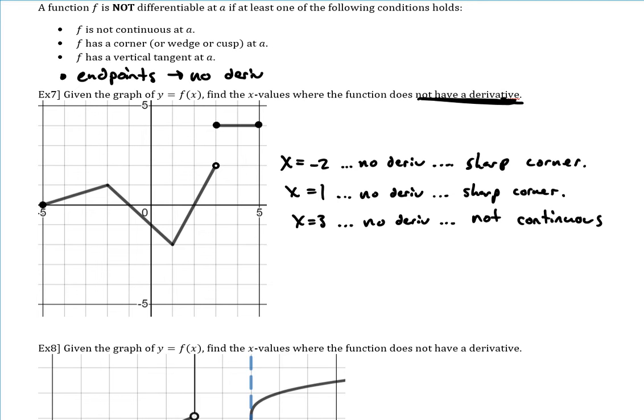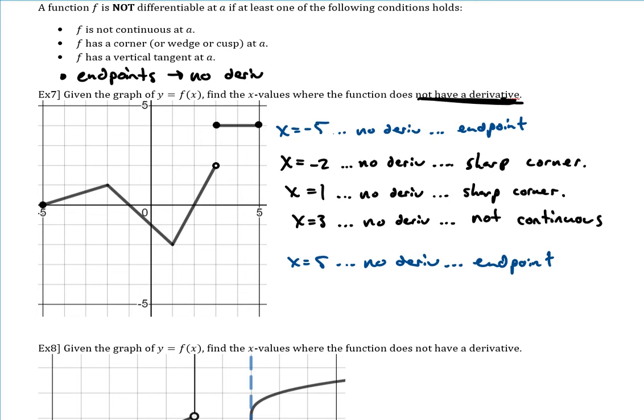So at x equals negative 5, there's no derivative either, because that's where the function has an endpoint. And then at x equals positive 5, there's also no derivative, because again, that's an endpoint.